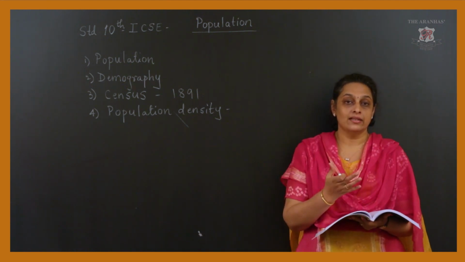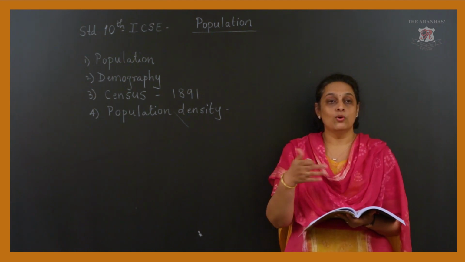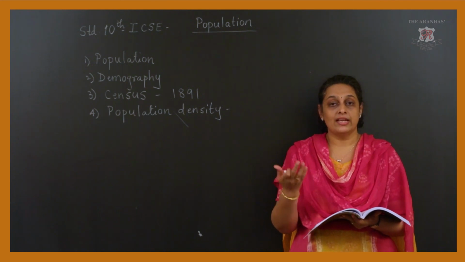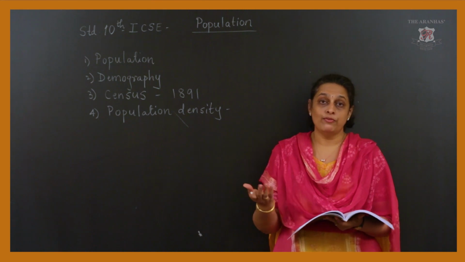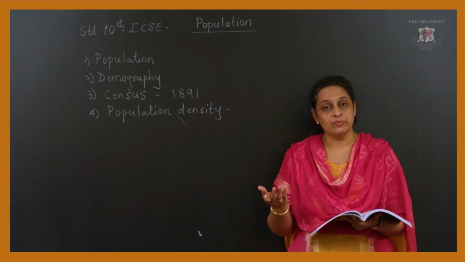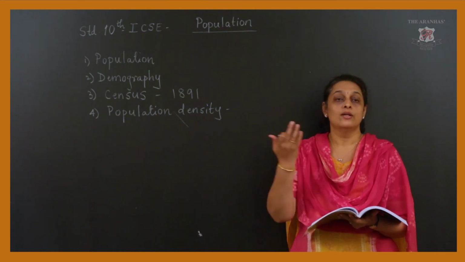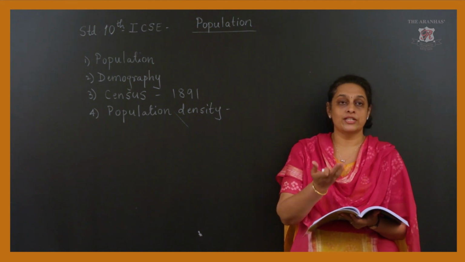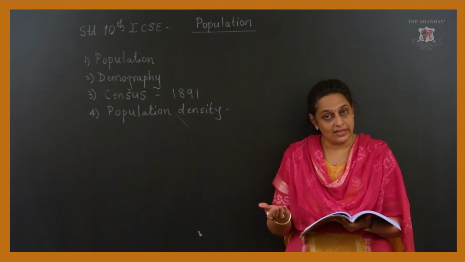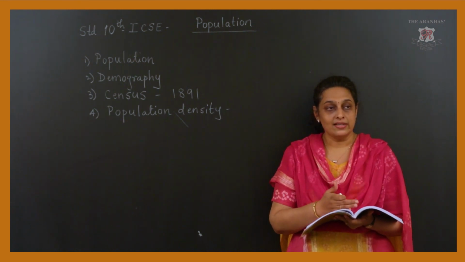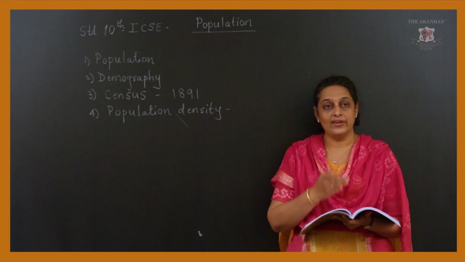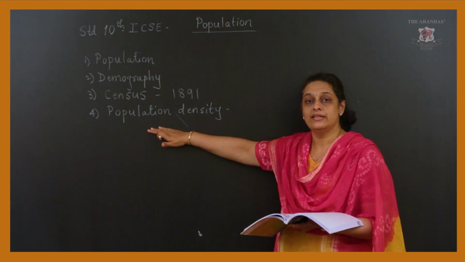Students migrate and go to other places where there are better educational opportunities available. Even nowadays, for treatment purposes also, people migrate to all such places where good medical facilities are available. So, these are the factors which have effect on population density.